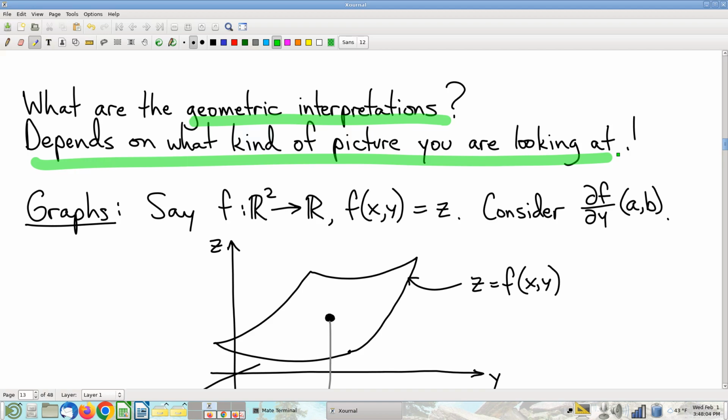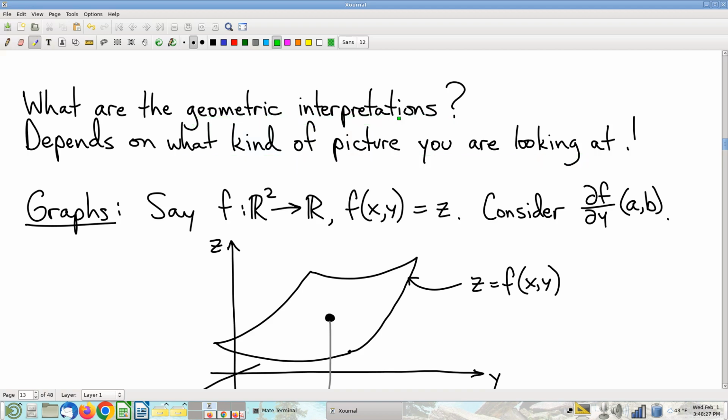Calculus is going to look really, really different on level sets and on graphs. So if you want to know what a partial derivative looks like, very importantly, are we looking at a graph? Are we looking at a level set? We're going to get very different answers depending on which of these constructions we're looking at. So we're going to start here by looking at graphs.